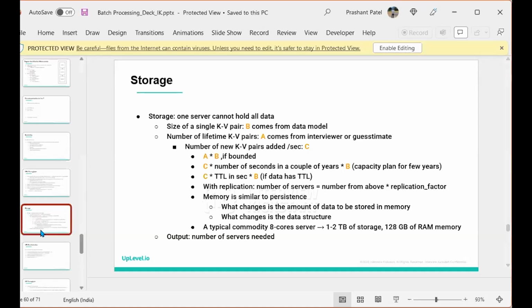And similarly for cache as well. Cache we generally come up with at a later point of time, where we actually identify whether caching is required or not, or how much caching is required. So is caching for all data required, or just the active data? On that basis we take the decision.